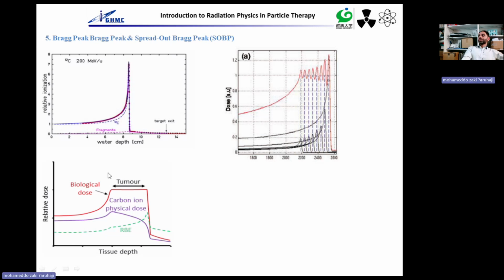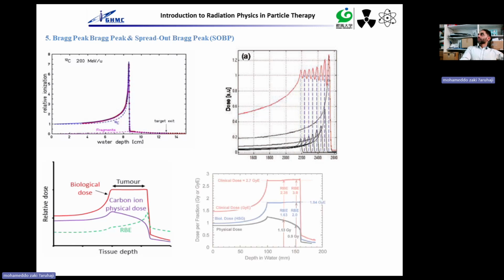Now, the magic happens: our physical dose and our RBE are also depending on this stopping power. So we have clinical dose. This is the dose we are treating with. And then we have our physical dose.